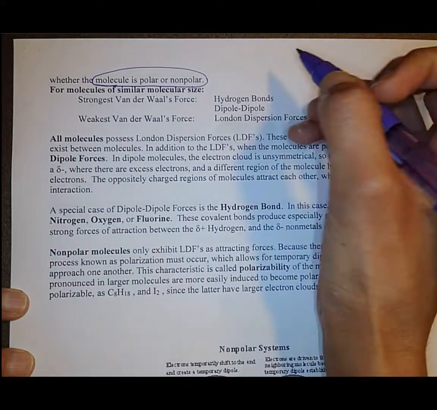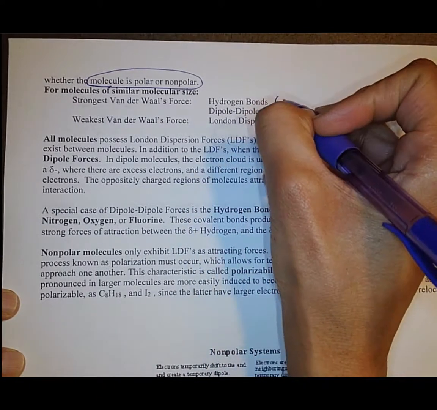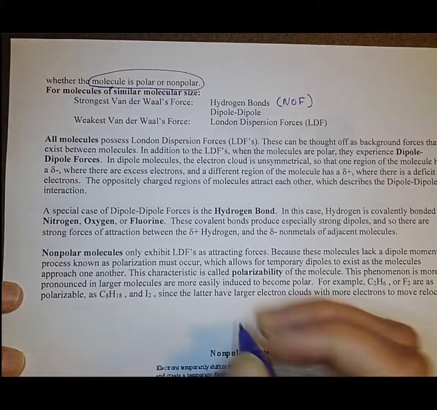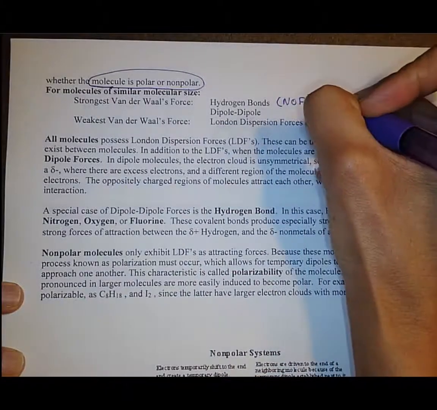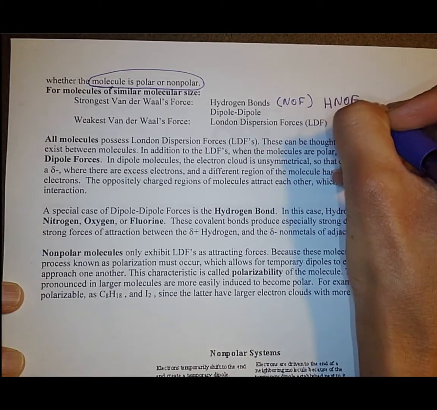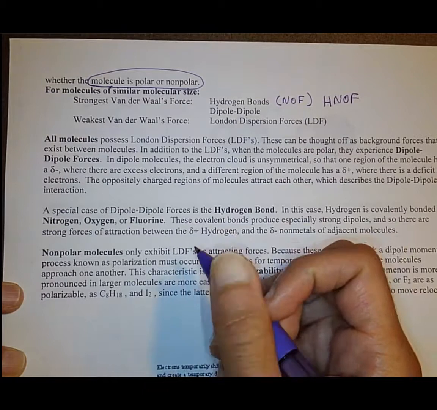When we talk about hydrogen bonds, we are talking about the elements nitrogen, oxygen, and fluorine in particular. So the hydrogen will bond to nitrogen, oxygen, or fluorine. If you want to remember that.